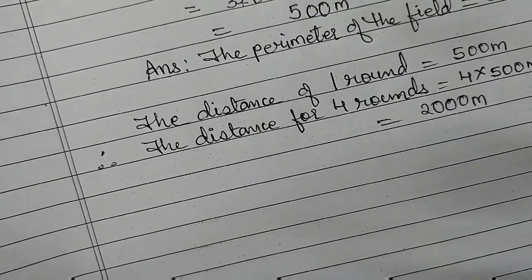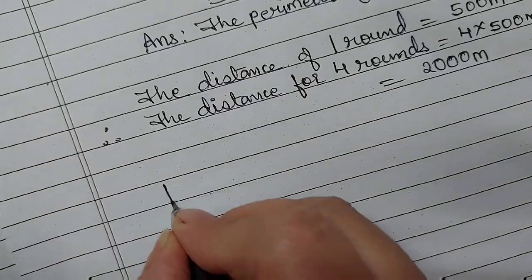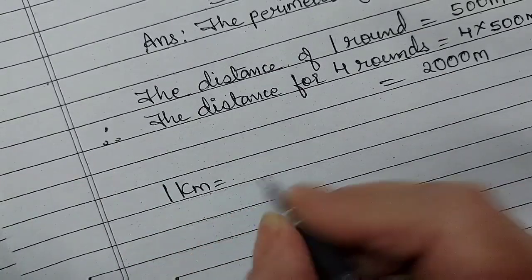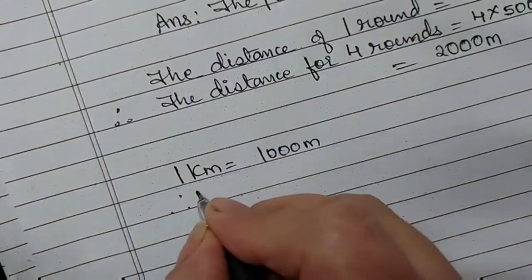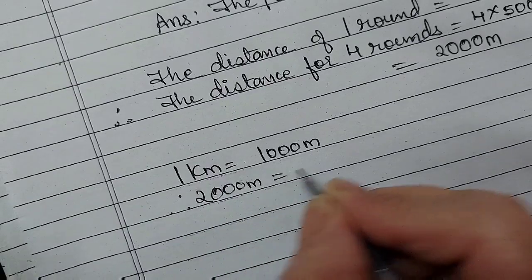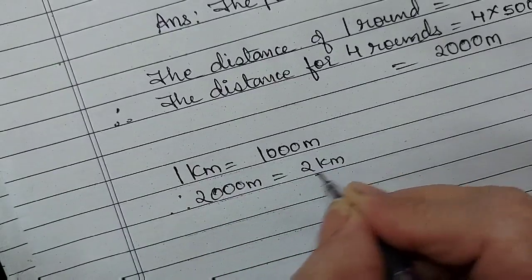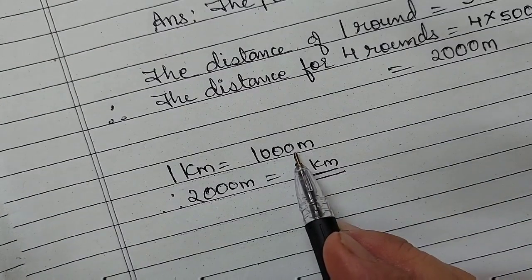Now you have to convert these meters into kilometers. So 1 kilometer is equal to 1000 meters. Therefore 2000 meters is equal to 2 kilometers. 1 kilometer is equal to how much? 1000.